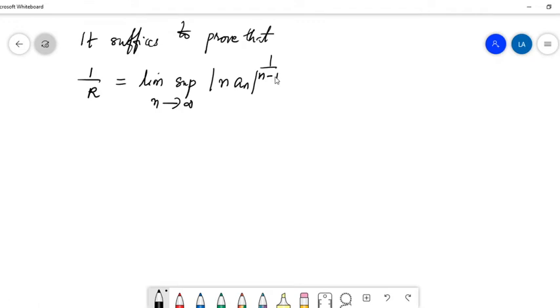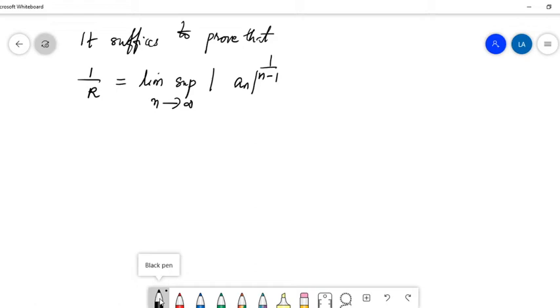Now what did we prove? We just have to prove 1 by r is equal to the limit supremum as n tends to infinity of modulus of a_n the whole raised to 1 by n minus 1.